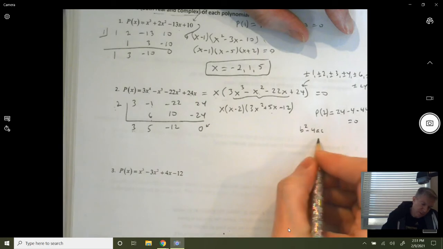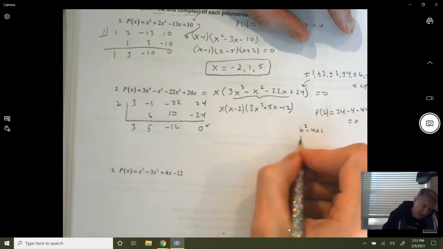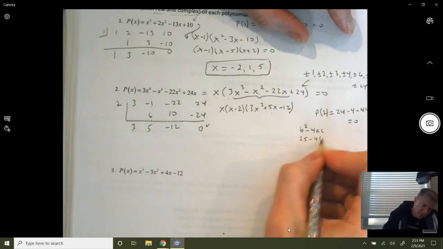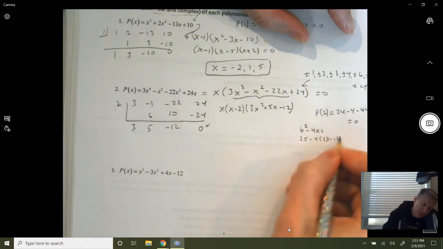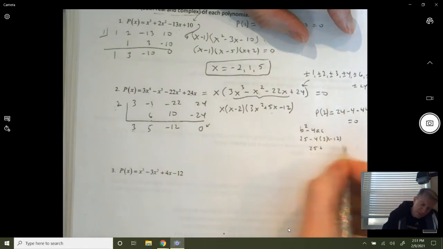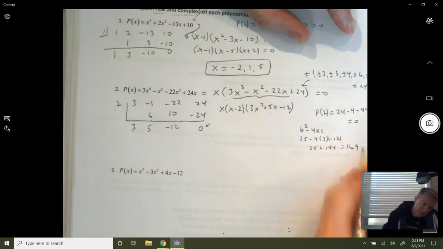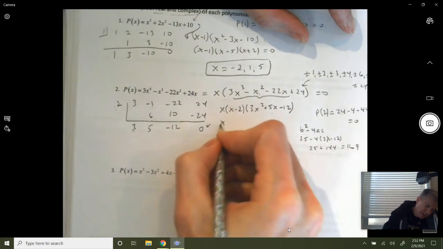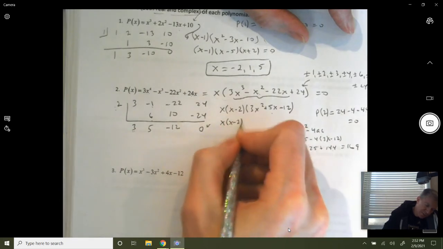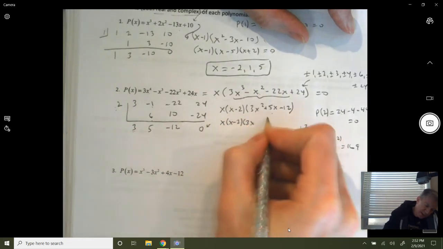B squared minus 4ac, that's going to be 25 minus 4 times 3 times negative 12. 25 plus 144. Oh, that's 169. It sure does factor. That's 13 squared.